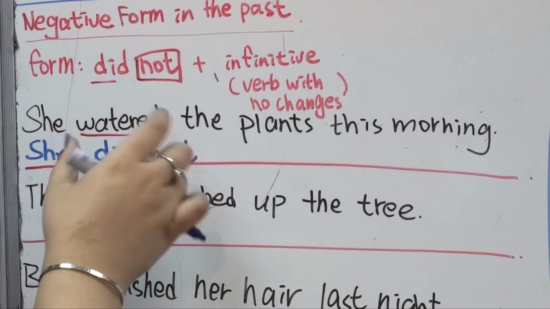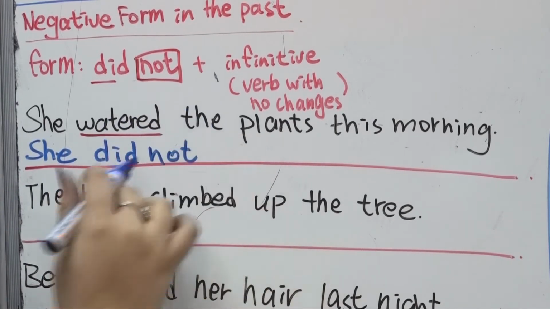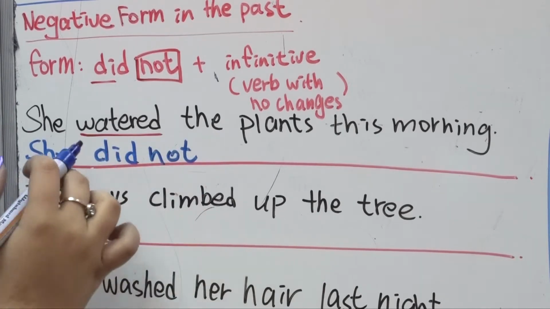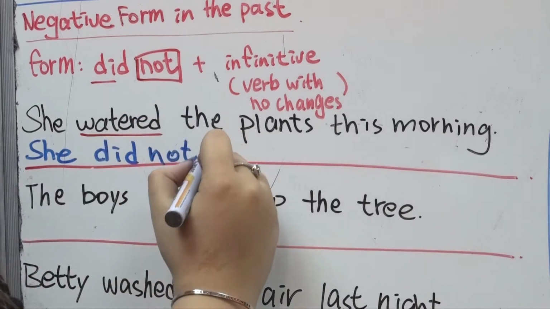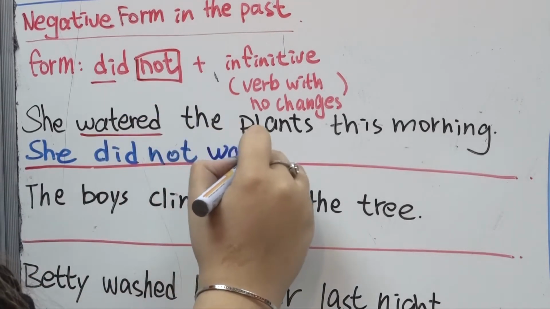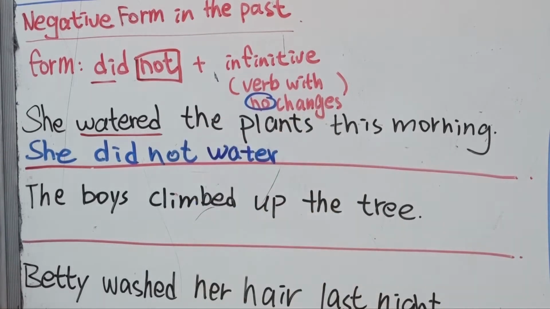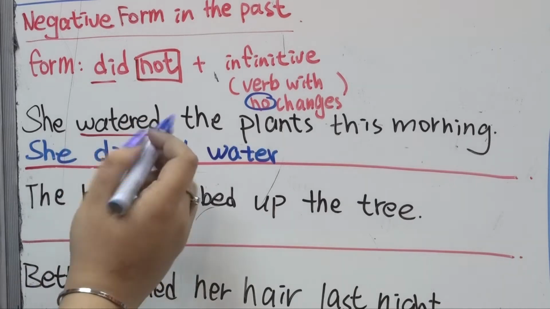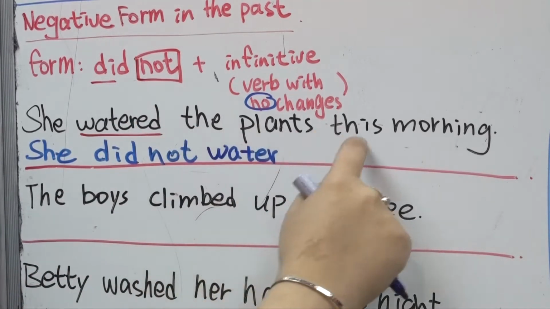So, to make it negative, we have to change the verb. Add did not, okay? Subject, did not. Subject, he, she, it, I, you, we, they, okay? Did not water. The infinitive, verb with no changes. Remember, verb with no changes. She did not water. We cross out the ed and it's did not water the plants this morning.